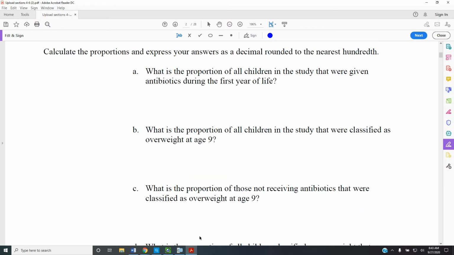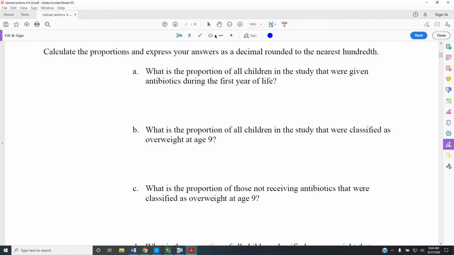So that's important. So let's go over and look at these questions on the next page, because these are where it really happens. So now it says, calculate the proportion of all children in this study that were given antibiotics during the first year of life. So what's going to be most important is that we identify the population from where this data is coming.